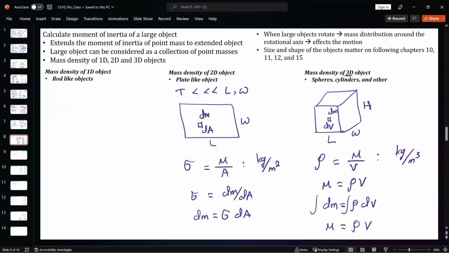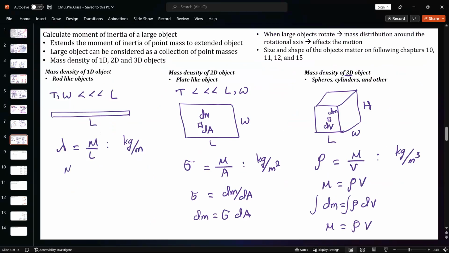And then similarly, I can take a look at a one-dimensional object, like a meter ruler, for example, which has a long length, but the thickness and width are extremely small relative to the length. As a result, we can treat it as a 1D object. Then the total mass is distributed over only the length. So we call the density the linear mass density, kilogram per meter, which is lambda.